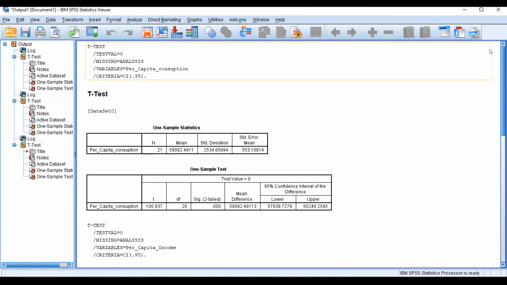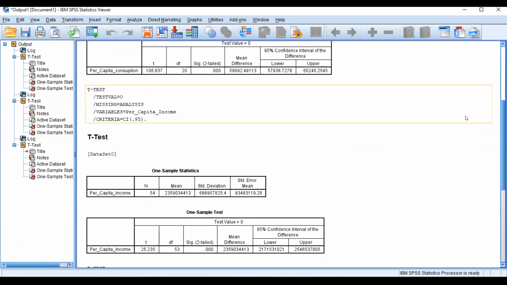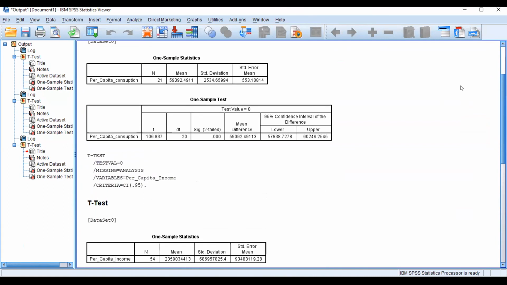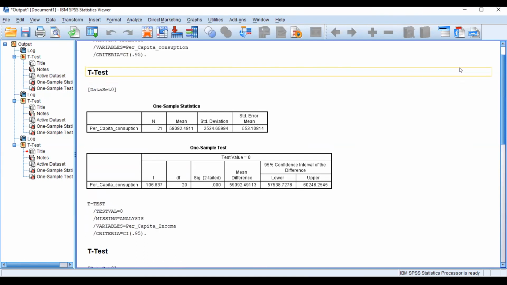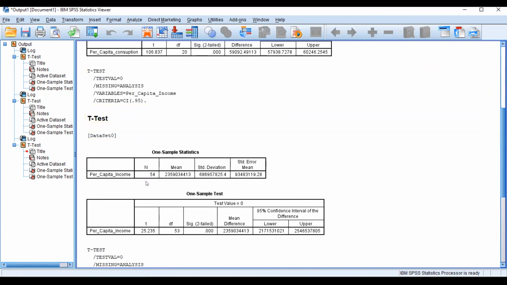In the first case you selected data with sample size 21, and in another 54. In theory we have a different test for both kinds of data set, but in SPSS it is automatically handled, extended from the Z test to the t-test, and it will always be mentioned as a t-test.